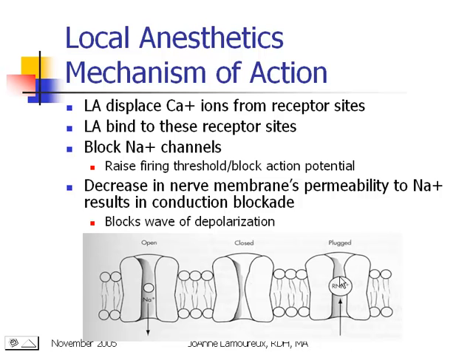That means the channels are too plugged up for enough sodium to come in, and the nerve can't reach its firing threshold. Therefore, there's a decrease in this membrane's permeability to sodium. If sodium can't get in, the nerve cannot conduct an impulse. So simply put, local anesthetics block what is called the wave of depolarization.